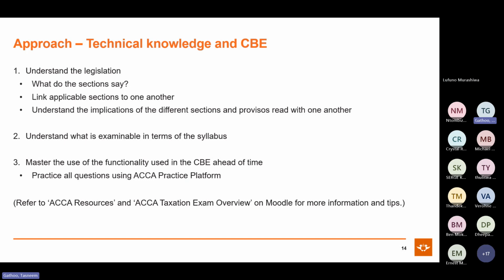So the first thing is to understand the legislation. What do the sections say? By understanding the definition of gross income, which amounts are included in gross income, you need to understand that. Then you need to be able to link the applicable sections to one another. So for example, we have a purchased annuity.